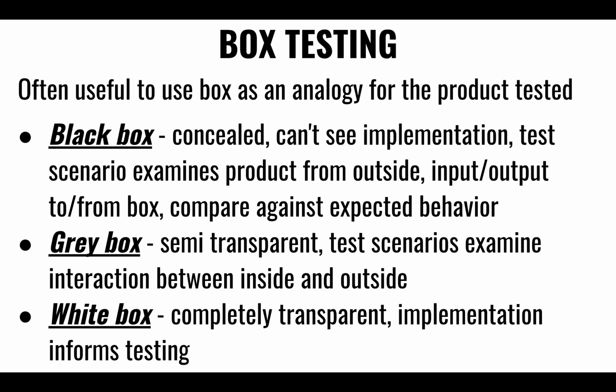Then you have gray box, where you do have some access to what the implementation might be, and how that affects what testing you might do. For certain implementations and certain inputs, you would expect certain things to happen if it's implemented in a particular way.